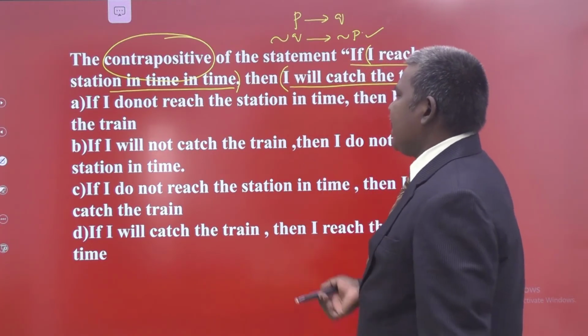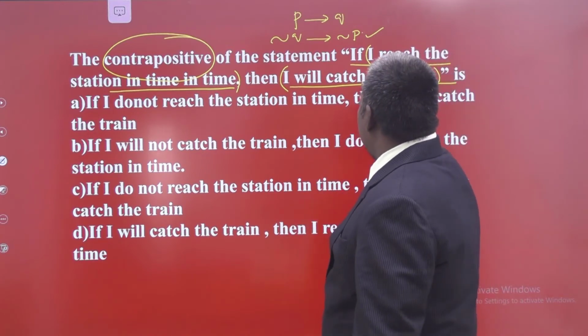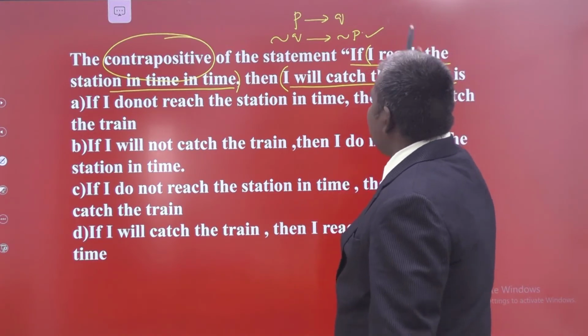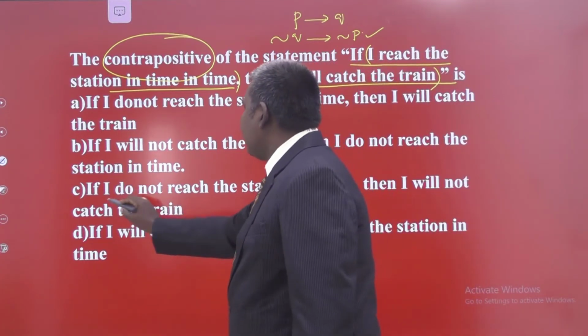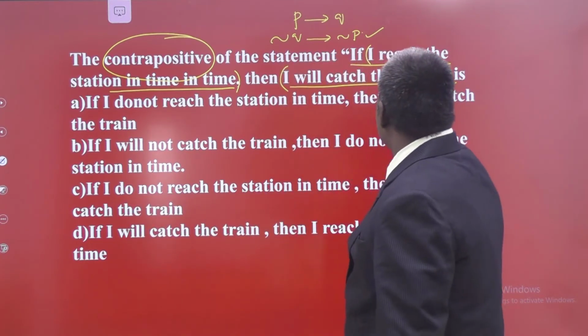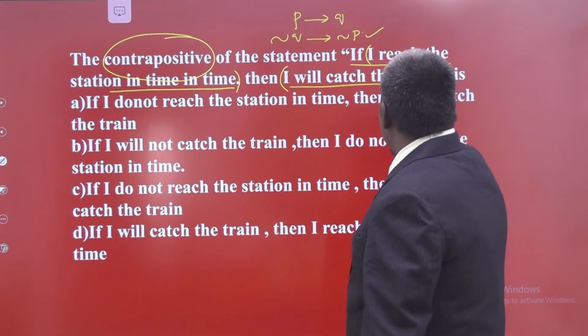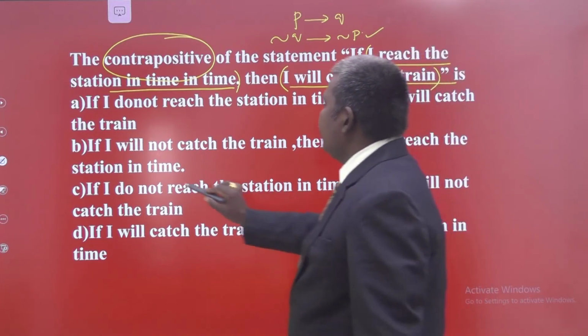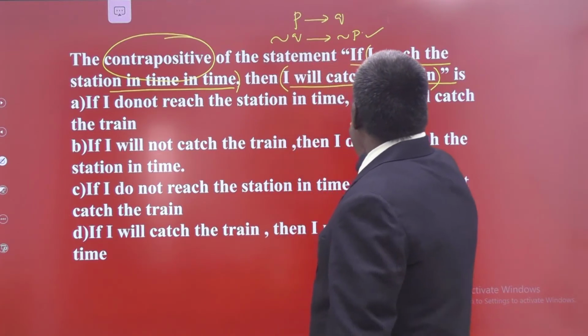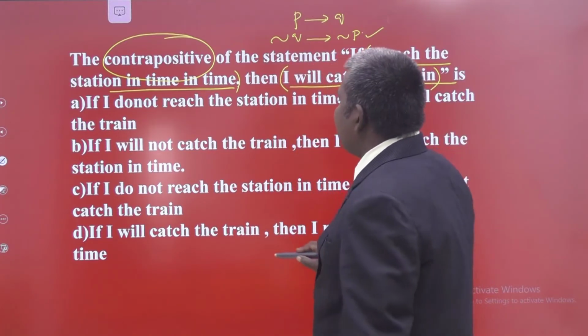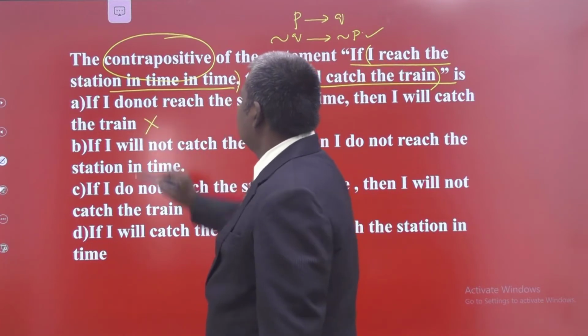So, which one is correct? Let us see. For this statement, not will be there, and this statement also, not will be there. If I do not reach the station in time, then I will catch the train. This is wrong.